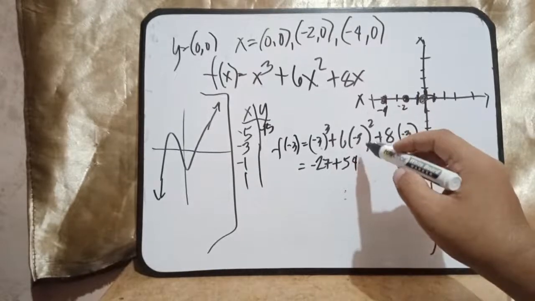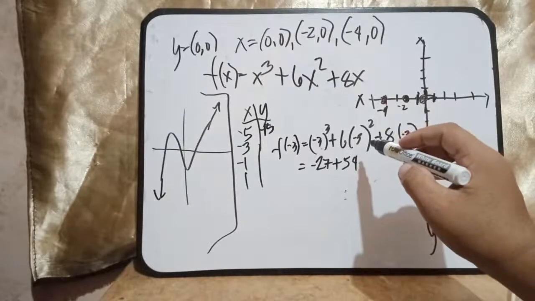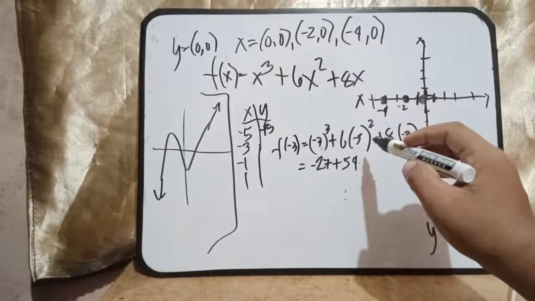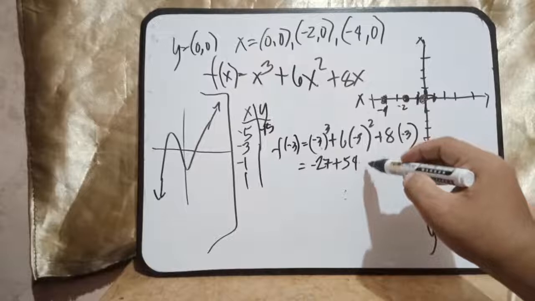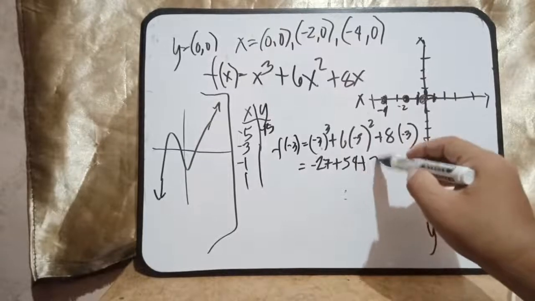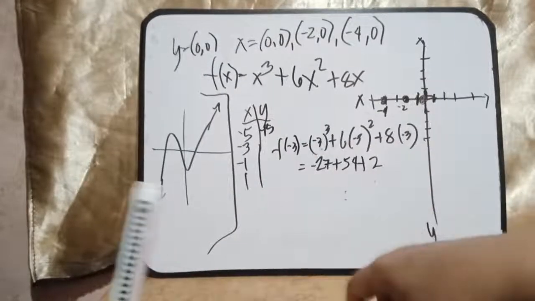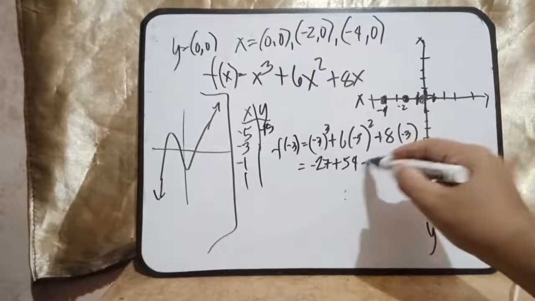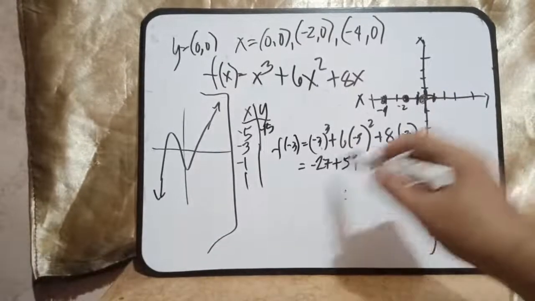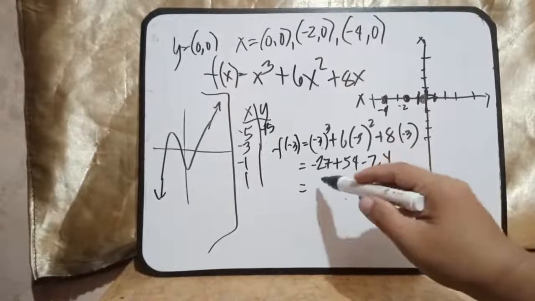Okay, tama ba? 6 times 8, 48. And then plus 54, and then it's minus 24. Be careful to the sign always para at least hindi malilito.